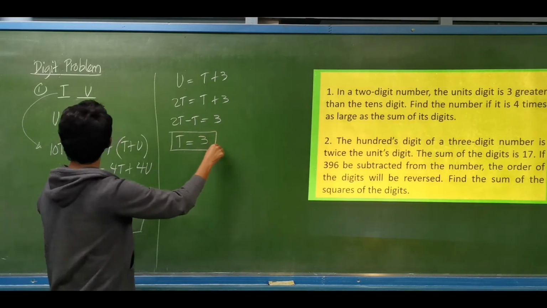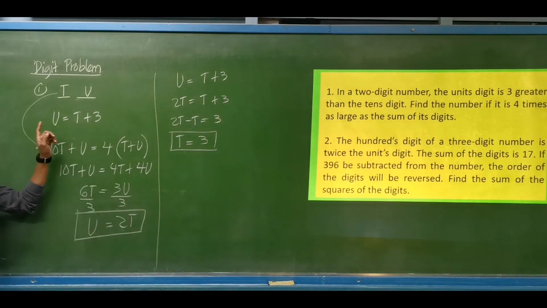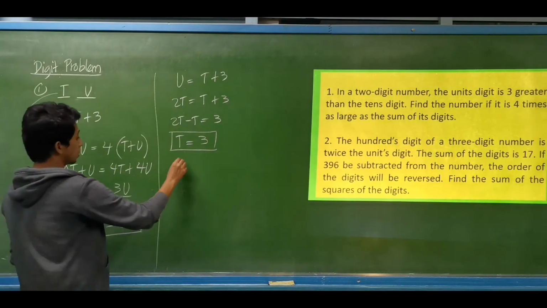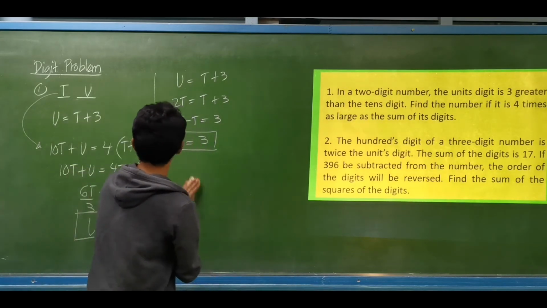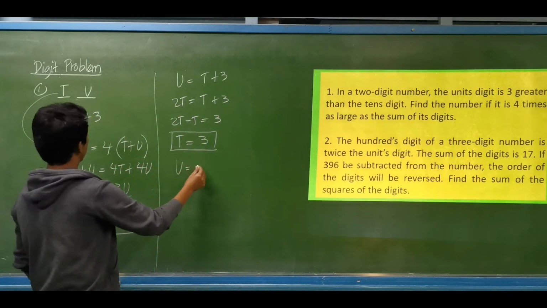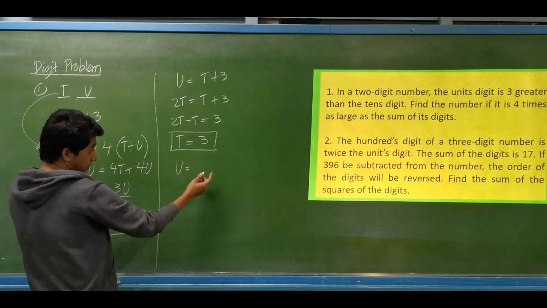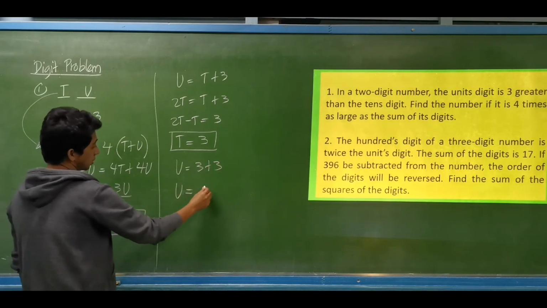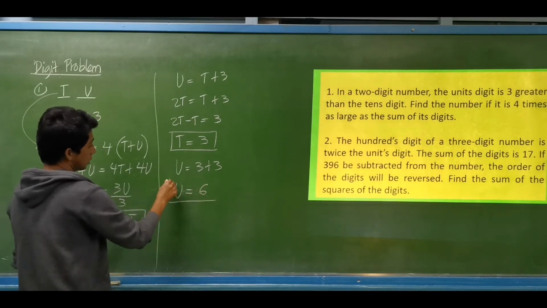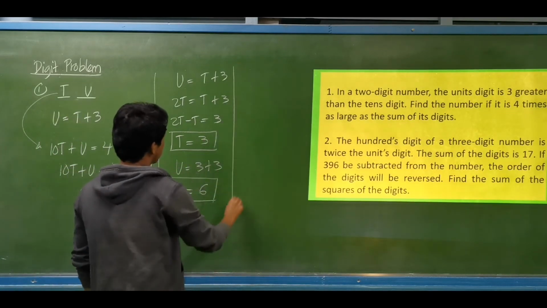This is our tens digit. Can we now have the units digit? The units digit u is equal to the value of the tens digit, which is 3, plus 3. So we have the units digit equal to 6. So we have the actual number.